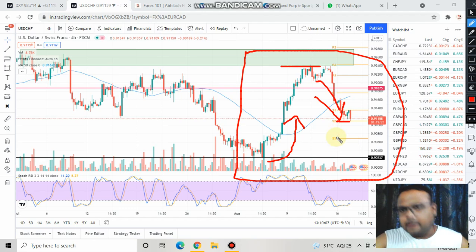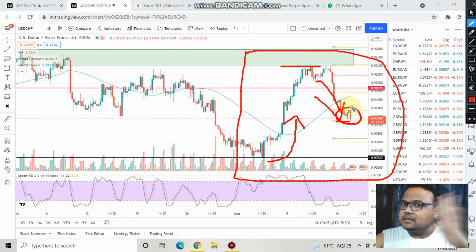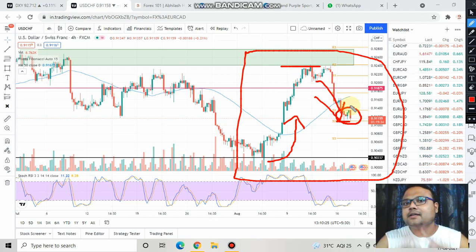But still, right now the market is trying to recover from here. We can see some price rejection from below. So the overall trend is messed up and confusing, and the present trend is also not giving us any clear picture. From the trend perspective, we are not getting any picture here.